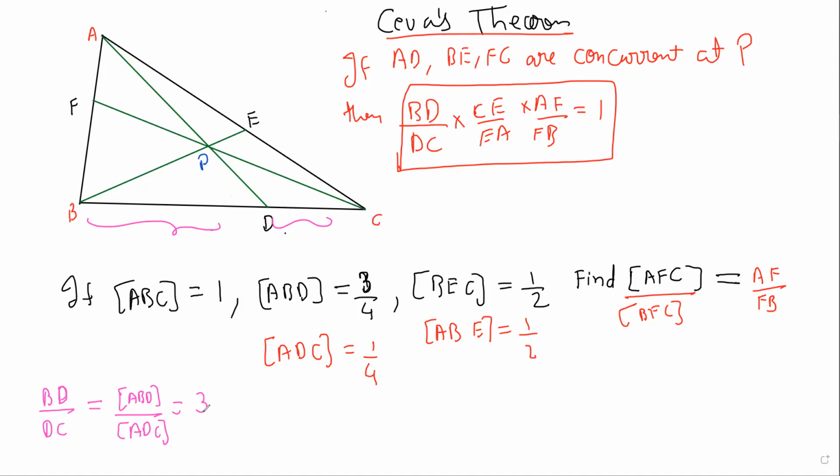So if you know BD by DC, and then you also know, so what is AE by EC? Or CE by EA, I should say, but yeah, AE by EC.